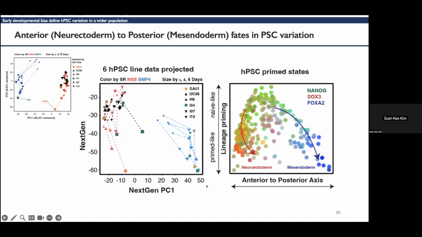All this analysis confirms that lineage bias along the anterior to posterior axis is correlated with the transcriptomic variation in the undifferentiated state, and allows us to assess lineage bias systematically for an extensive collection of pluripotent cell lines.